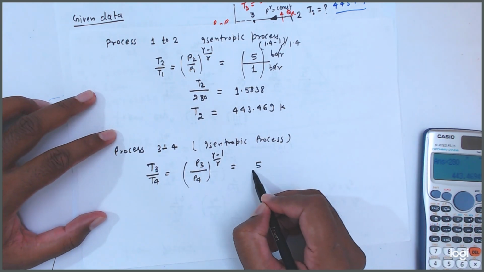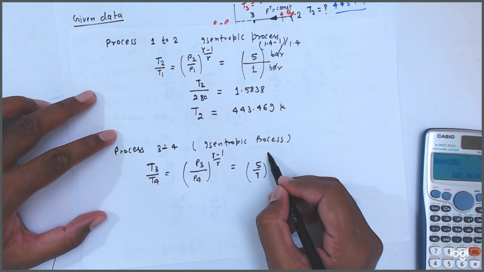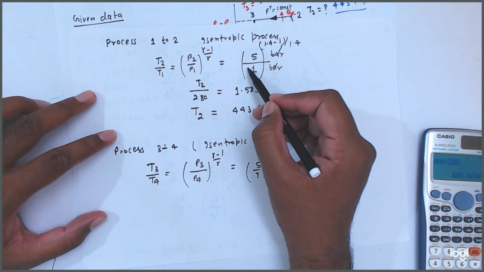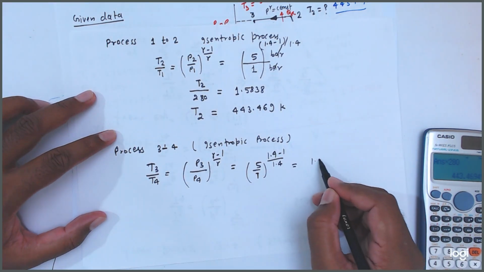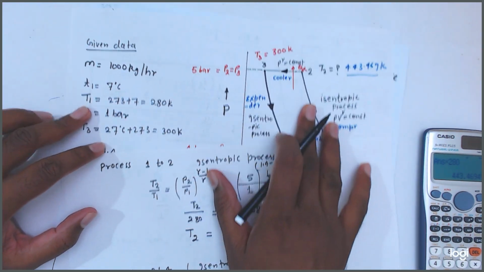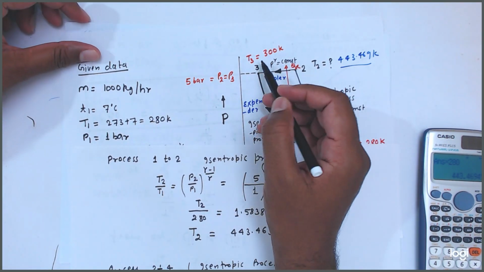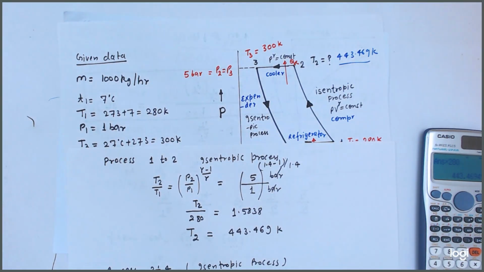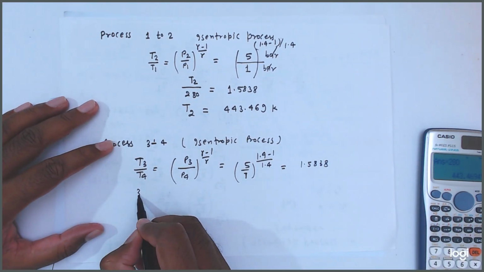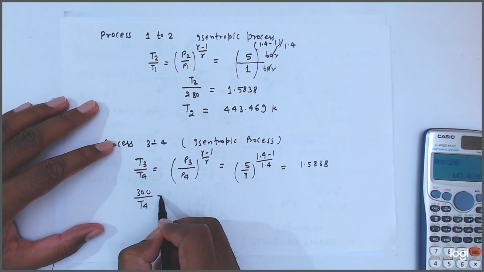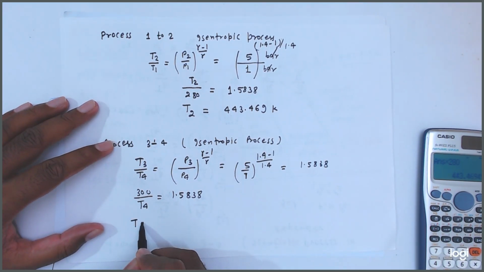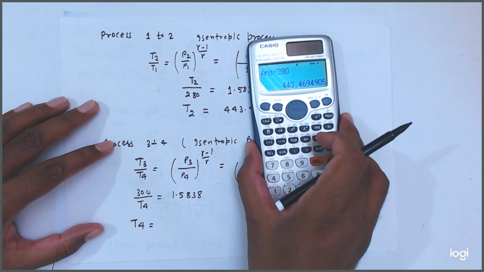So 5 divided by 1 to the power (1.4 minus 1) divided by 1.4, the same value will come, 1.5838. And T3 temperature is equal to 300. So 300 divided by T4 equals 1.5838.